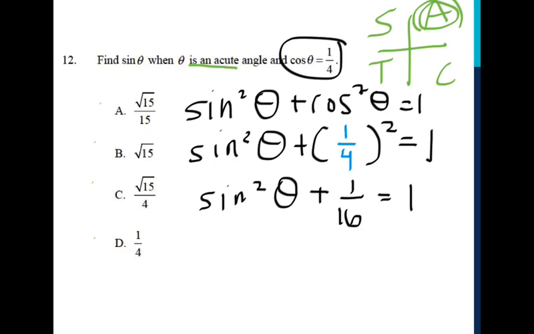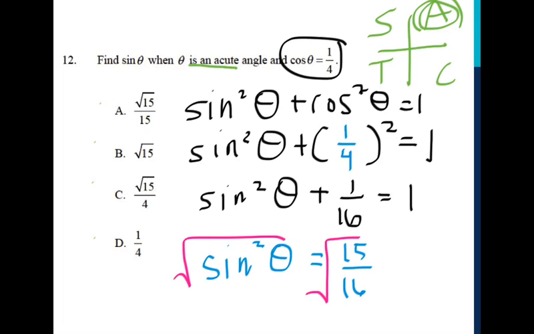It's not. Subtract 1 over 16 from both sides, and I have sine squared theta equals 1 minus 1 over 16, which is 15 over 16. Square root both sides. So I get the square root of 15. That ain't going anywhere. And what is the square root of 16? 4. So C should be mi respuesta.